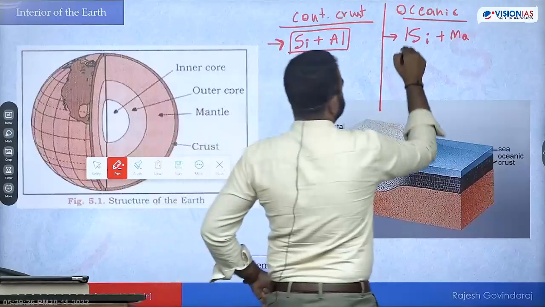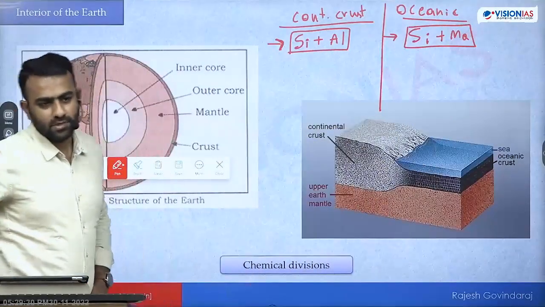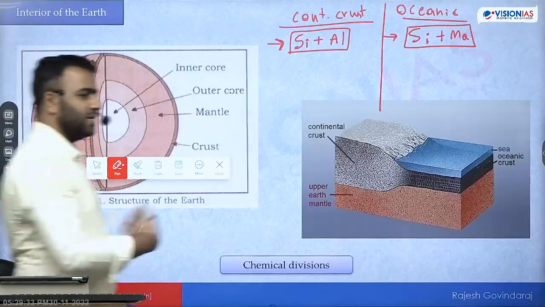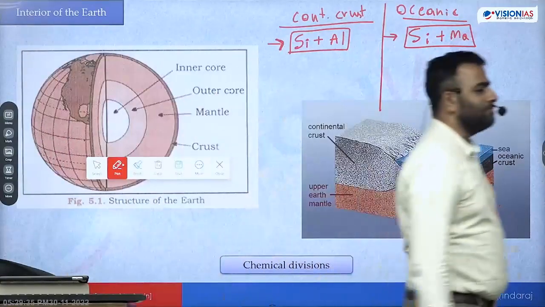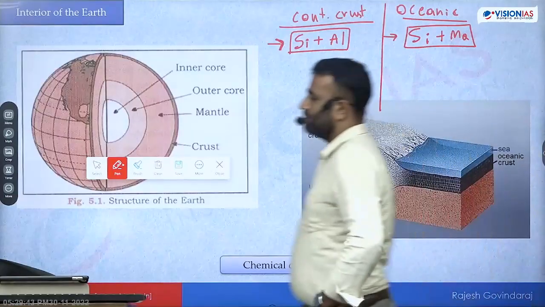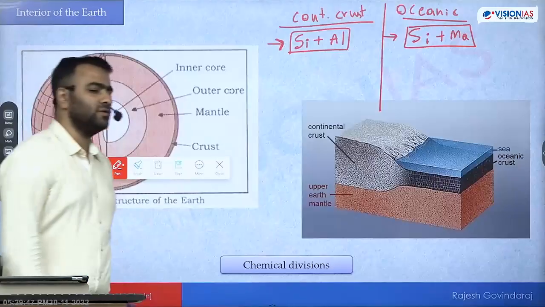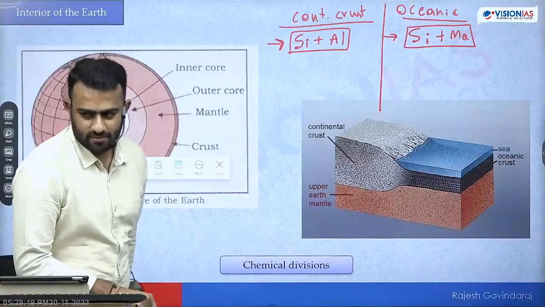The oceanic crust is called सीमा लेयर. मैग्नीशियम Mg है, बट बोलने के लिए इजी रहेगा इसलिए हमने लिख दिया है. ठीक है, it is called as Sial layer and Sima layer. Is that clear? In some of the sources, Sima is being referred to as mantle, which is wrong.